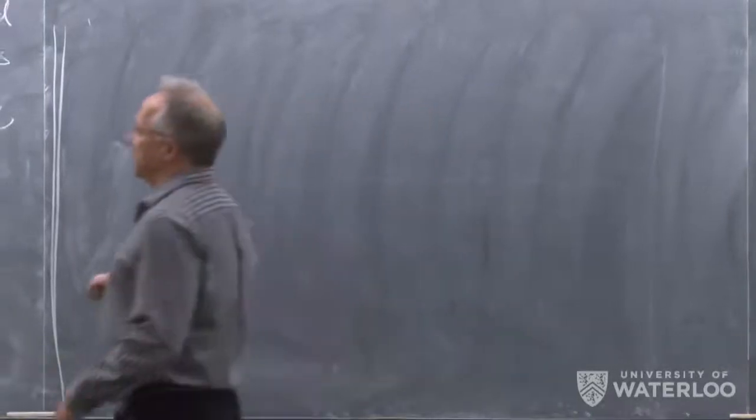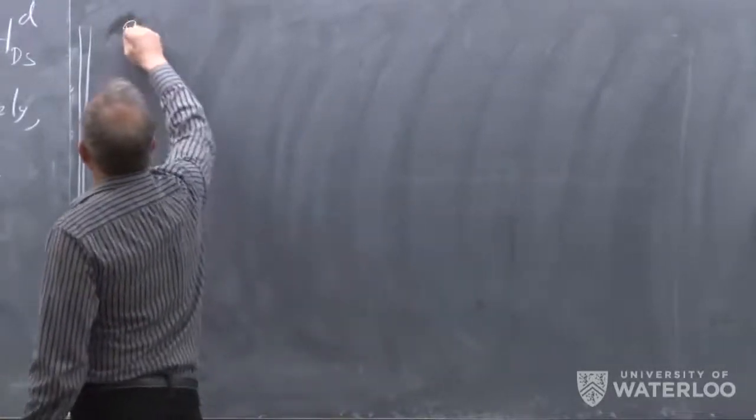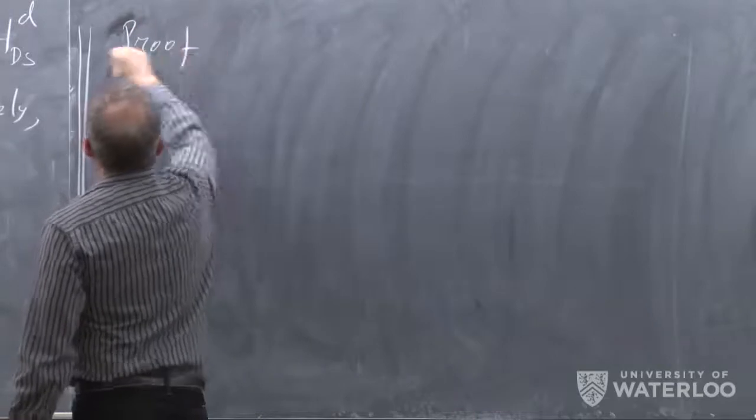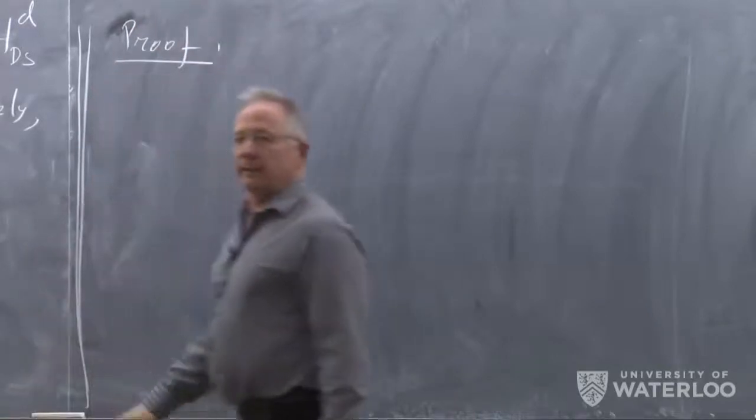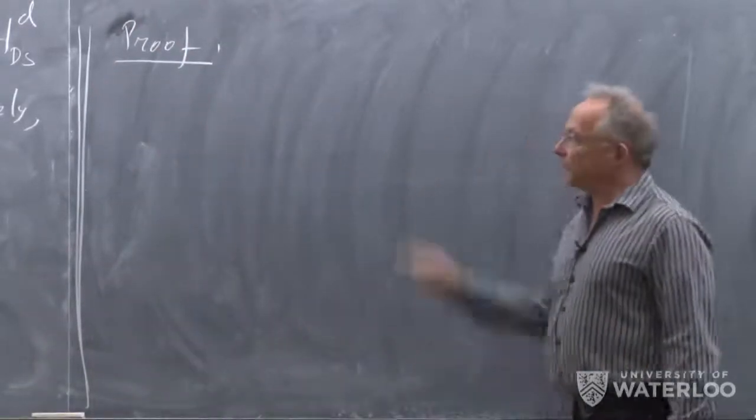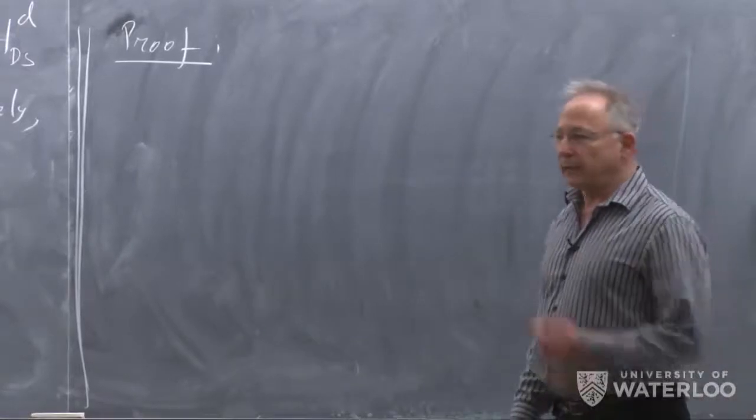Okay, so how will we implement it? The proof is very easy. How do I implement ERM in dimension D? ERM over this class in dimension D. So you get a sample.